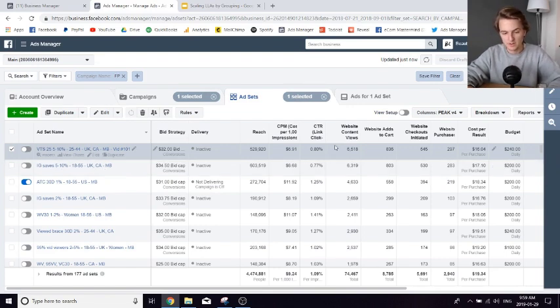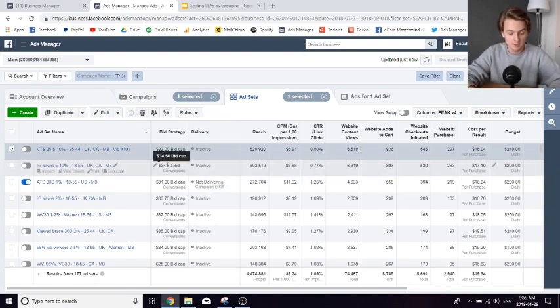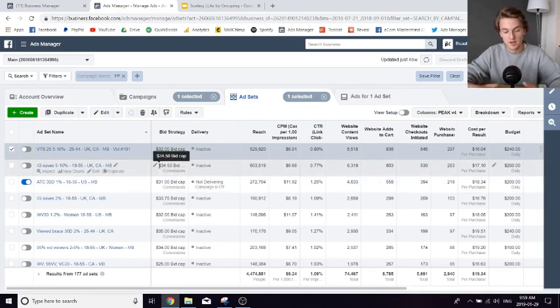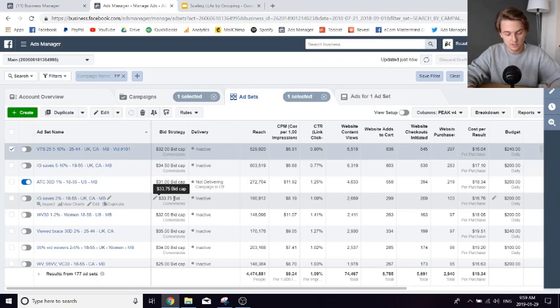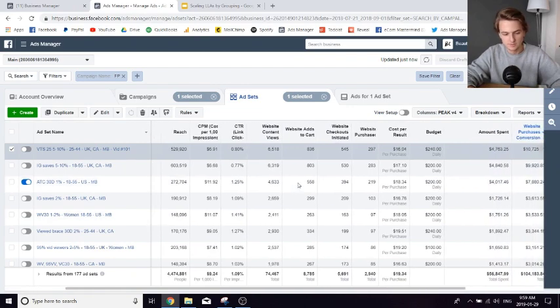The only way that having a bid cap could really affect your performance at this budget is if you had a bid cap that was really low. So let's say I put a bid cap of like $15, then I would get totally different performance because it would have a hard time even spending my budget. And so, all these audiences have bid caps, but you don't have to worry too much about that, because if I didn't have bid caps on this, the performance would likely be very, very similar.